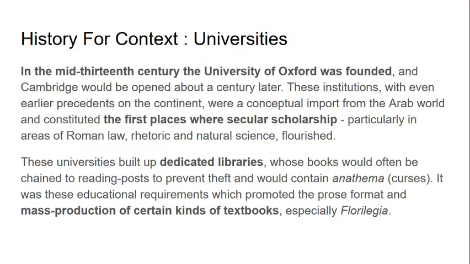These institutions, which had even earlier precedents on the continent, were a conceptual import from the Arab world, and they constituted the first places where secular scholarship, especially in areas of Roman law, rhetoric, and natural science, were flourishing, because after the Crusades, people were finding these texts in former Moorish Spain, and they had scholars who were bilingual in Arabic and Latin who were able to translate these texts from the Arabic translations into Latin when they could then be brought to the rest of the Western world, because the Arabic world had preserved in translation works of ancient Greek scholarship which had long been forgotten in the Christian West.